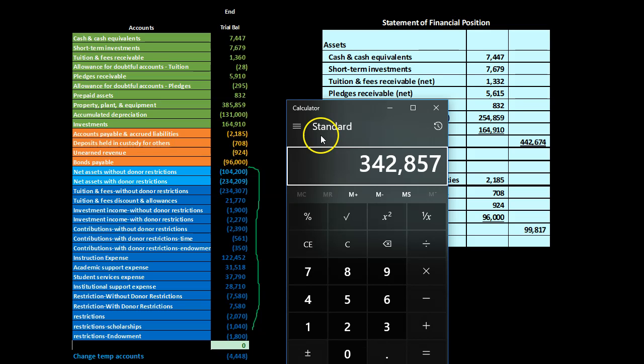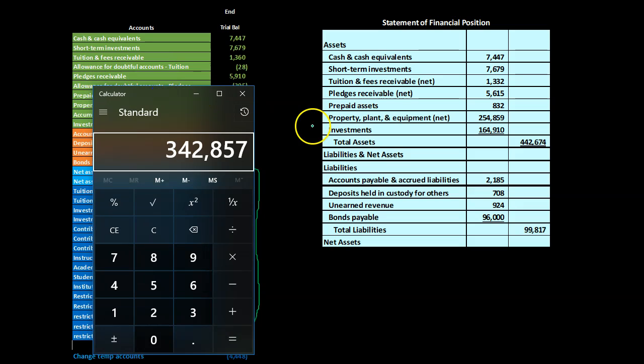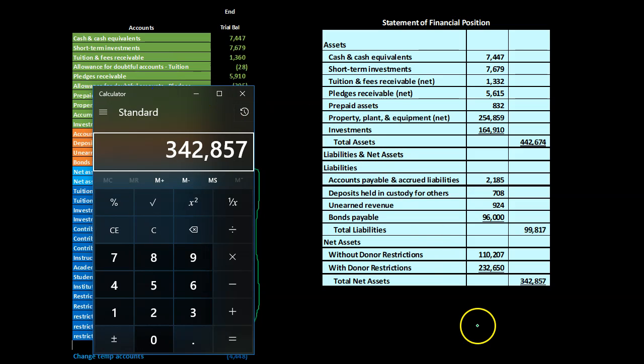So that gives us the total here. If we looked at the total, it should be the 342,857.